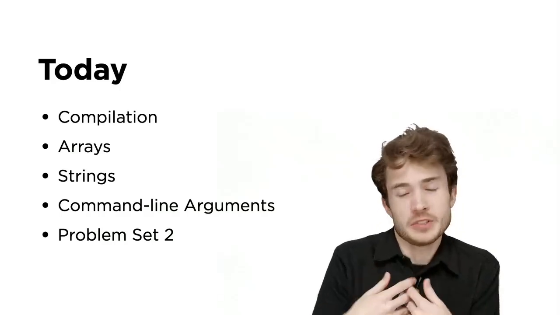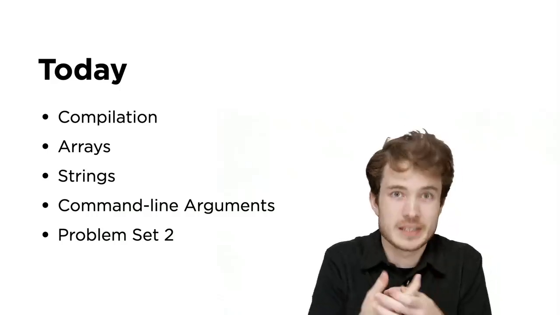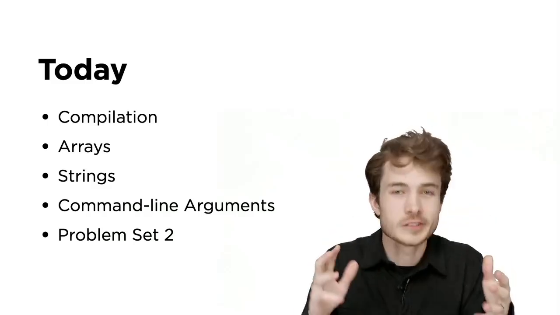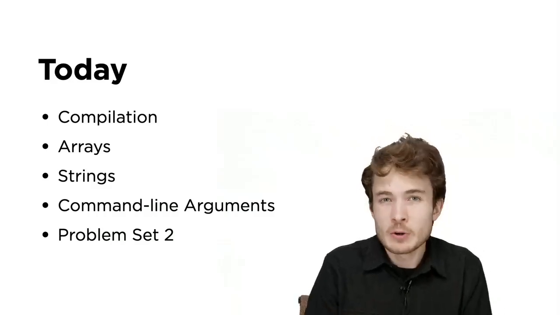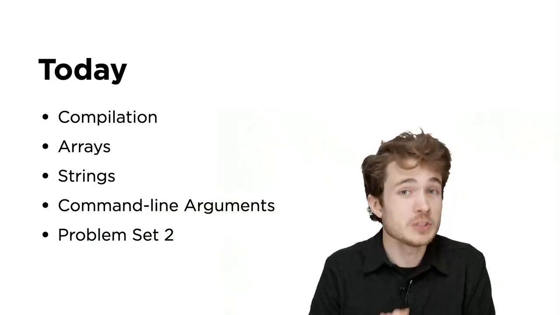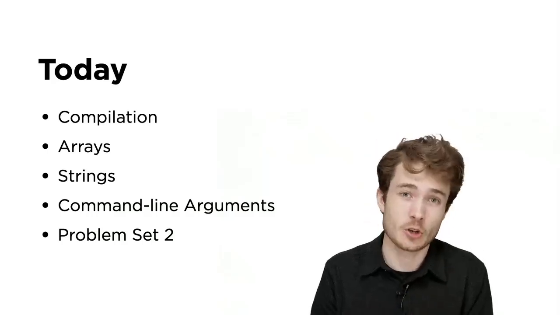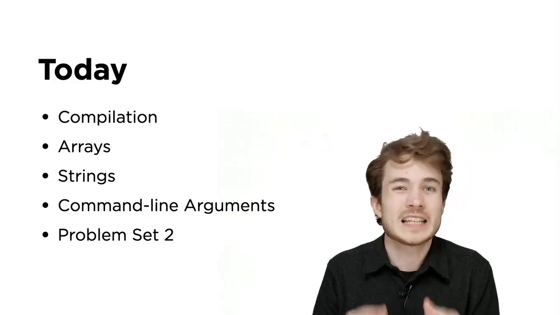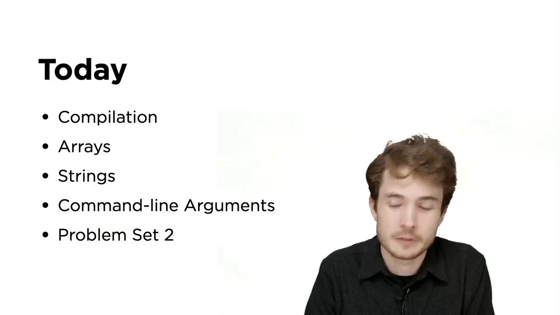And then we'll focus in particular on this idea of a string, like how do we store characters that themselves form entire words or sentences inside of our computers. And finally, towards the end, we'll focus on this idea of command line arguments. You've already been using programs that use command line arguments in CS50, but now you get to see exactly what they are and how you could write programs that actually use them yourself.